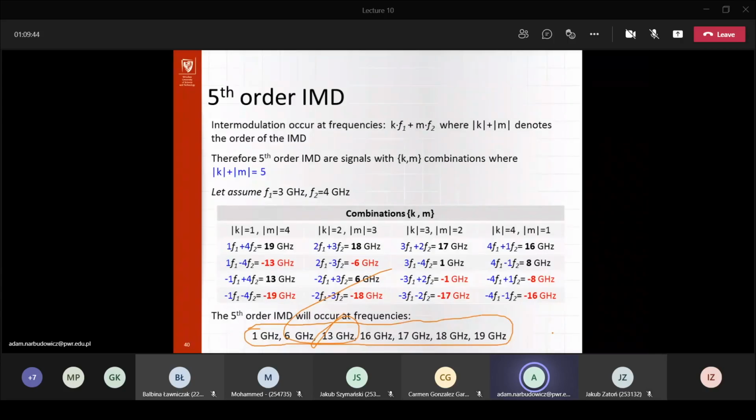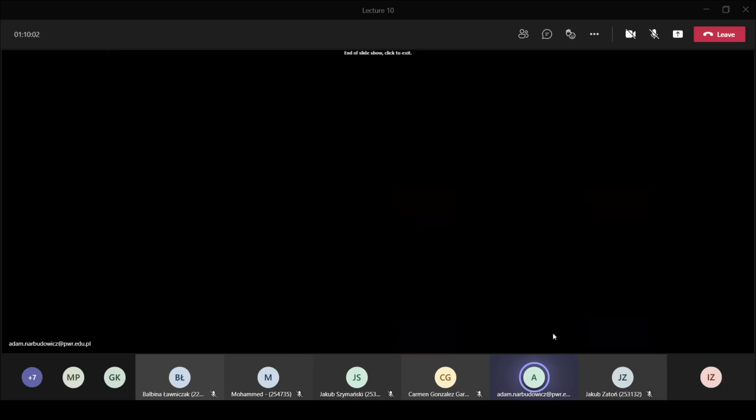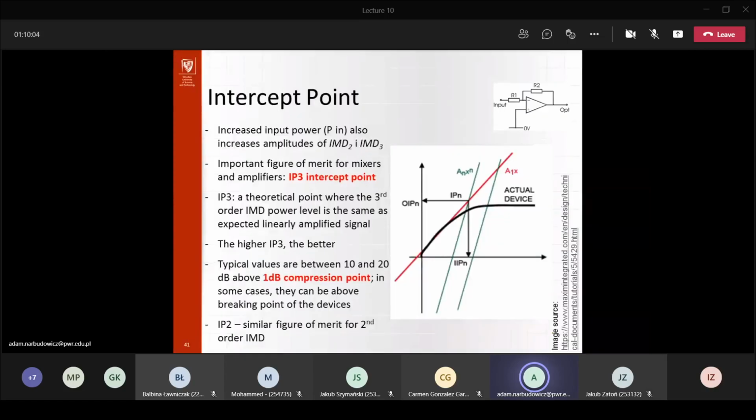So this is the way we can potentially generate quite a lot of harm, especially for wireless systems, wireless communication signals. So that's something that you should be aware of. And the question is how to deal with that.